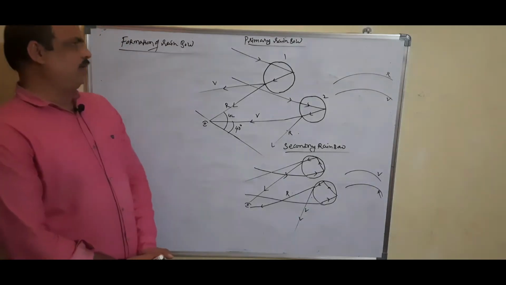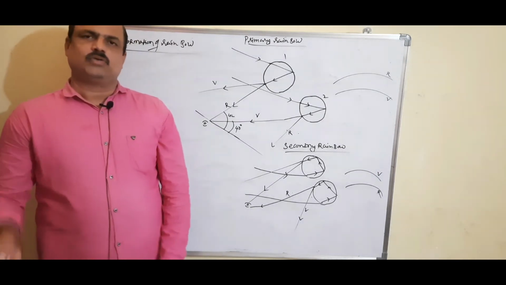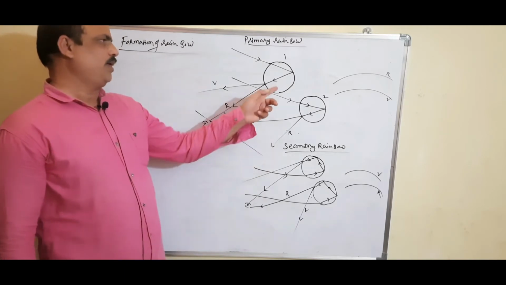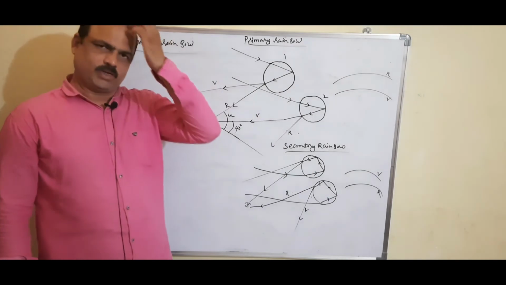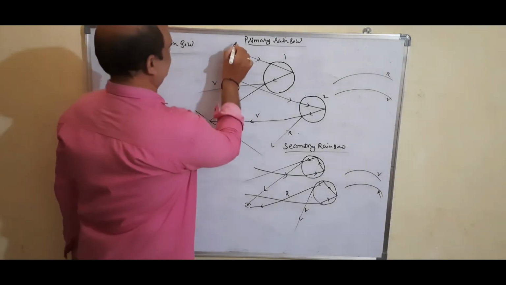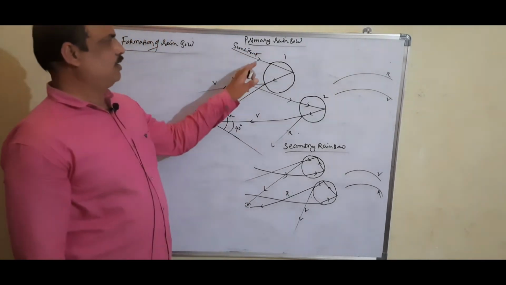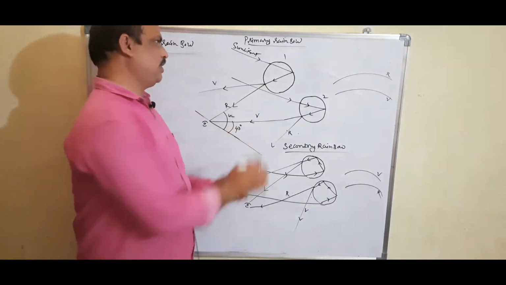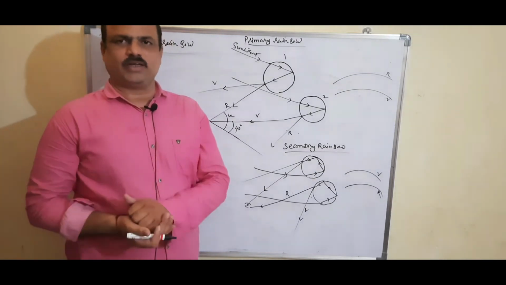So here let us discuss rainbow by taking two droplets in the atmosphere. One droplet is higher in the atmosphere than the second droplet. So this is sunlight. Whenever this sunlight enters into the drop, one refraction takes place. This light ray is internally split into 7 colors inside the drop.